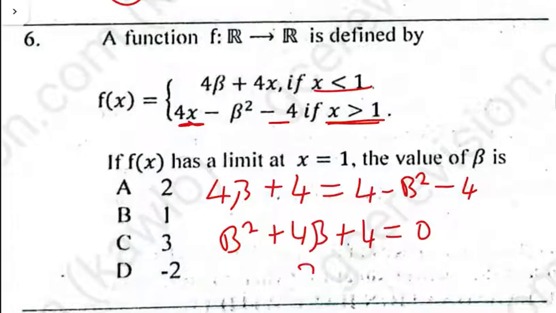So from here, what's the value of beta? The value of beta will just be negative 2.